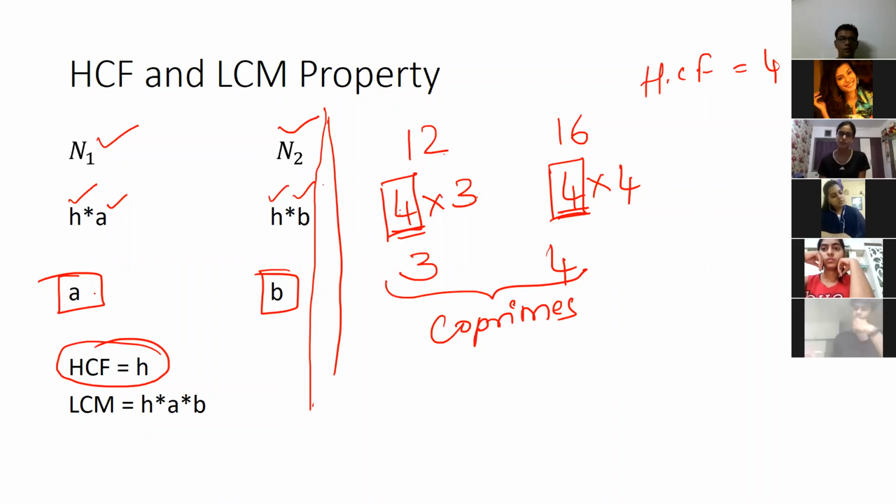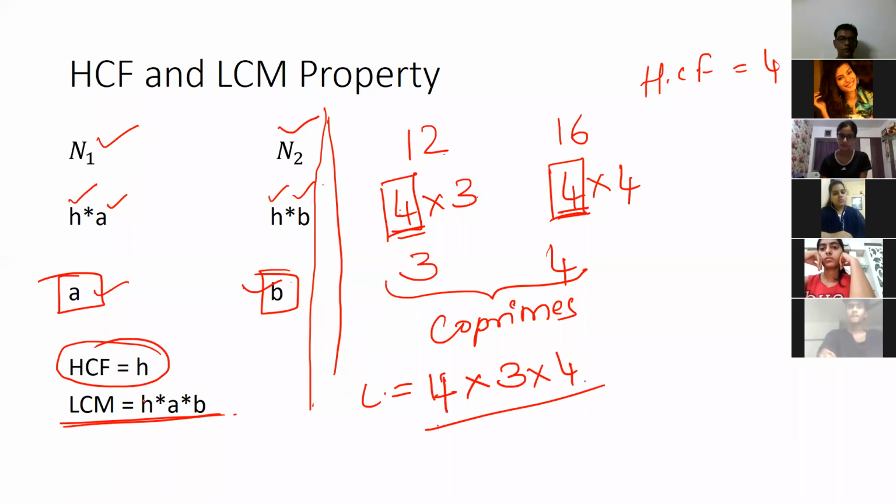And once I am left with two values which do not have any common factor, my LCM will always be the highest common factor that I have found multiplied by the two values that were left in my hand after it.